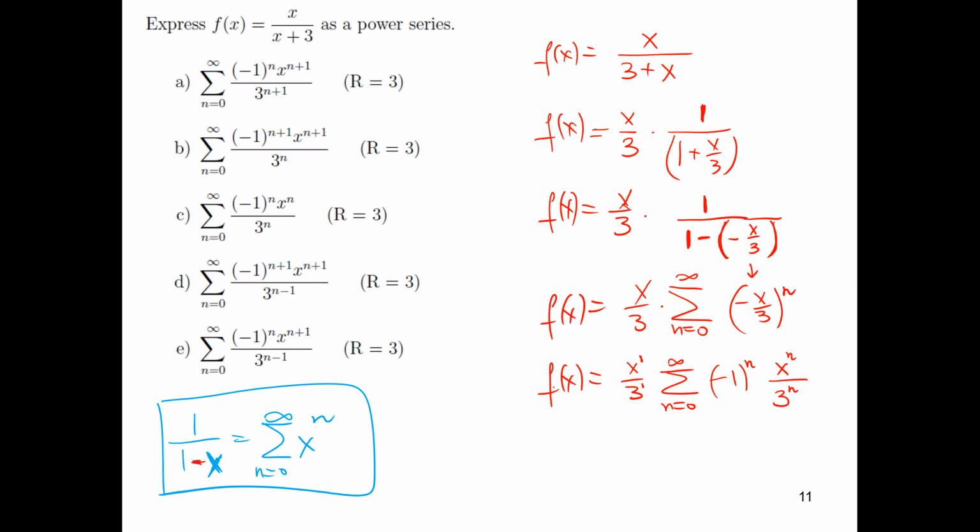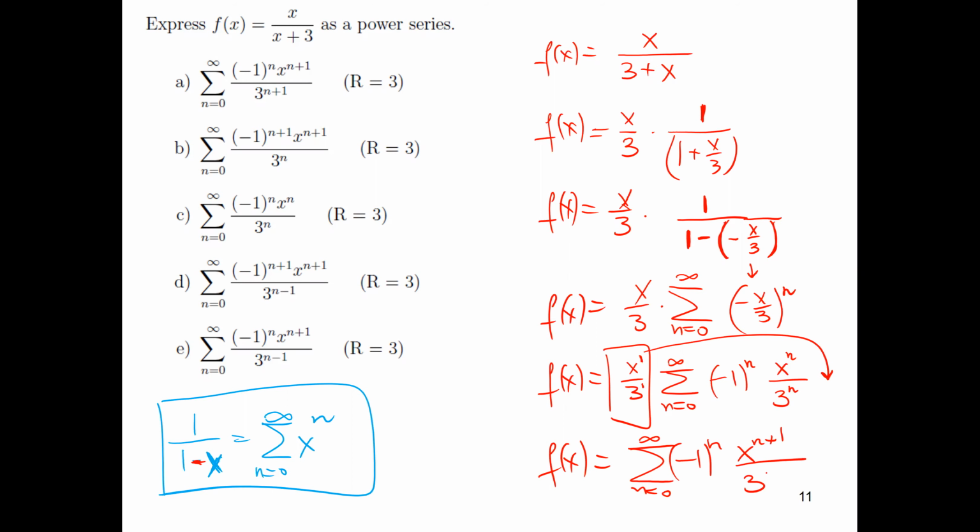That means I will move this back here, which means I will have x to the power of n times x to the power of 1. I can add them together. I will have -1 to the n, and then x to the power of n plus 1, and 3 to the power of n plus 1. And this is done.